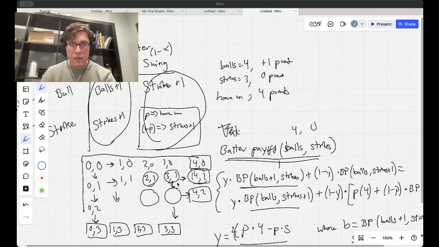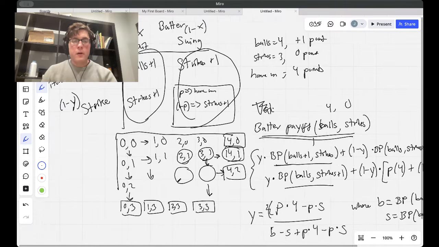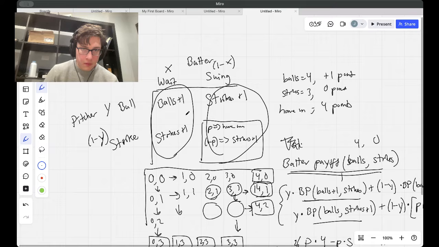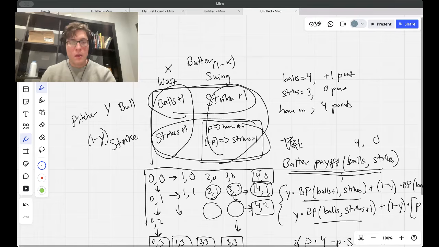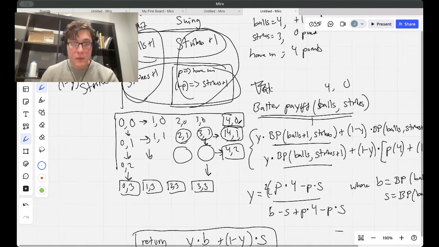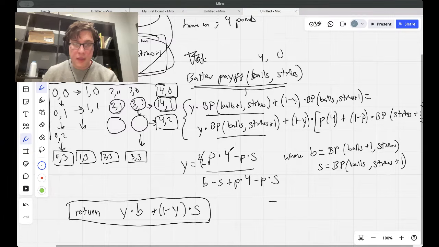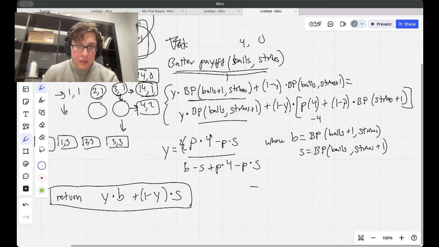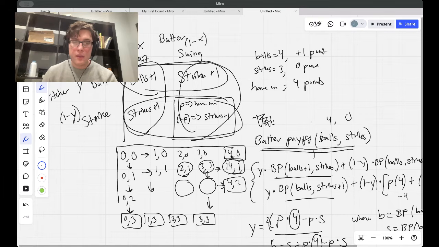Fantastic. Okay, so if you notice here, this is symmetrical in terms of x and y, so I could easily have drawn a circle around these two instead, like this. In this case the equations are exactly the same, except instead of 4 here, it's a minus 4. So anywhere you see a 4 here, just replace it with minus 4, and that's how you'll get the pitcher payoff.